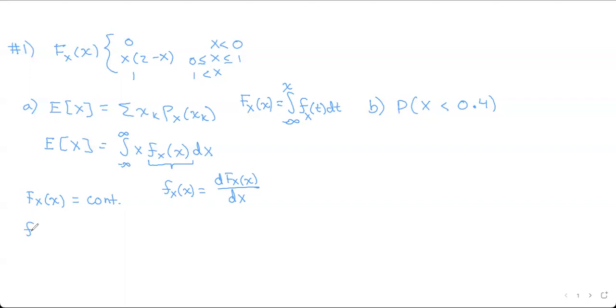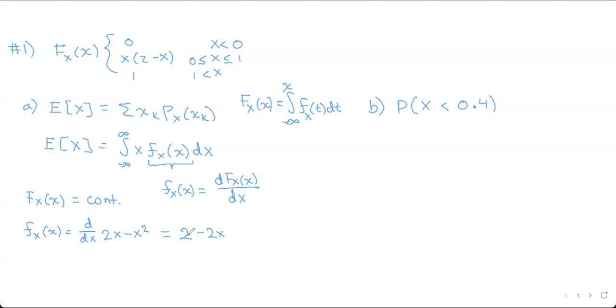We're going to take the derivative of the CDF. I'm going to rewrite this as 2x minus x squared. And if we take that derivative, you see that we'll get 2 minus 2x, right?